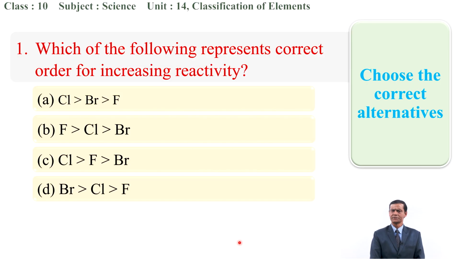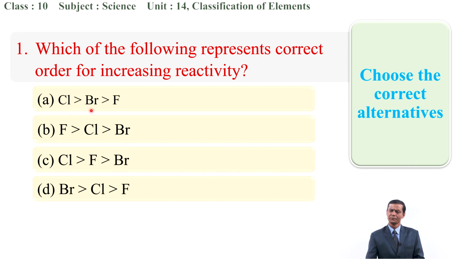Okay, dear students, let's do another activity. Choose the correct alternatives. Here are some multiple choice questions. The first question is, which of the following represents the correct order of increasing reactivity? Look at here, options are here.